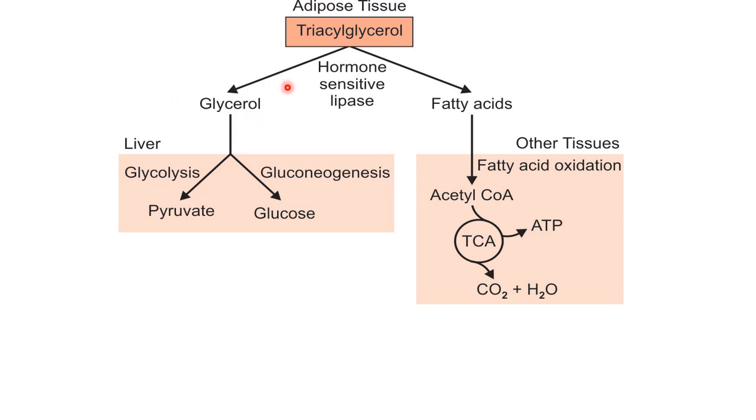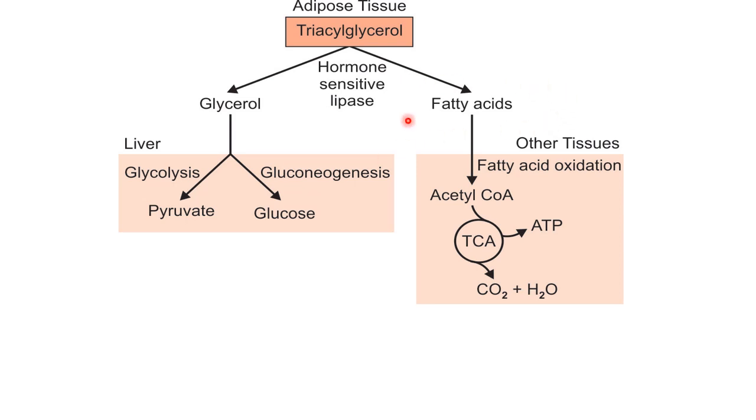So this glycerol enters the liver via blood and gets converted to pyruvate with the help of glycolysis, or it can be converted to glucose with the help of gluconeogenesis, depending on the demand of the cell.